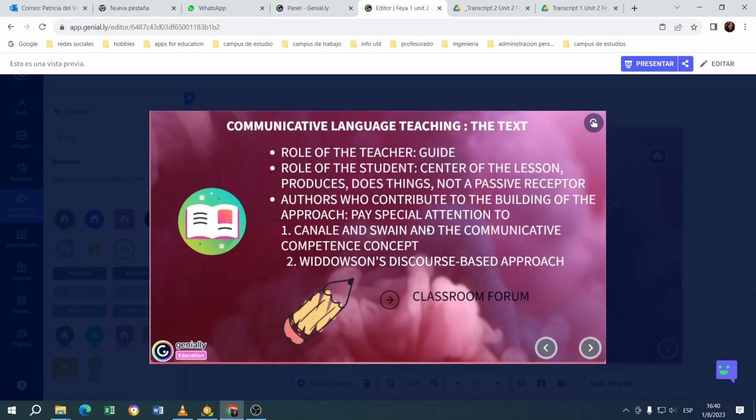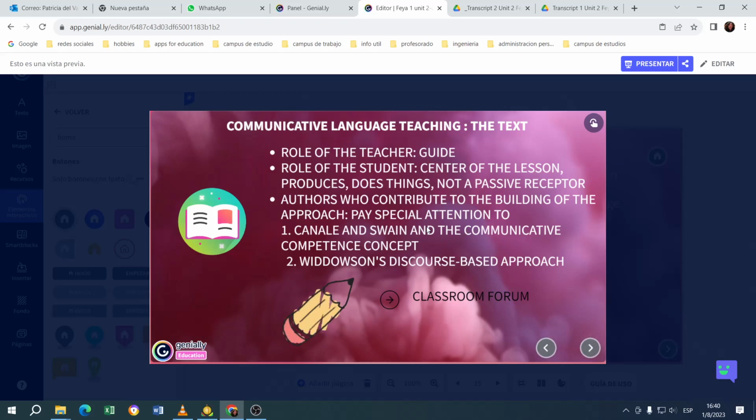competence, was important. Understanding how language works in a particular context, in a particular place with particular people. Also, discourse competence. That means how language works at the level of a text, because before, in previous methodologies, the unit of analysis was just a sentence. Now we are not talking about sentences.